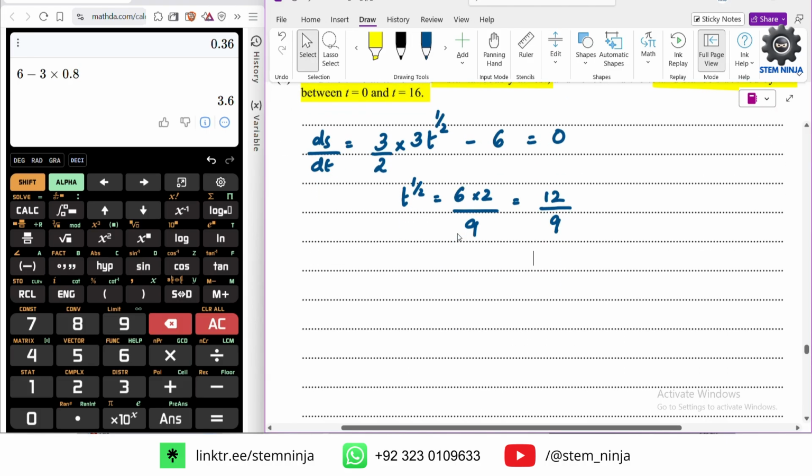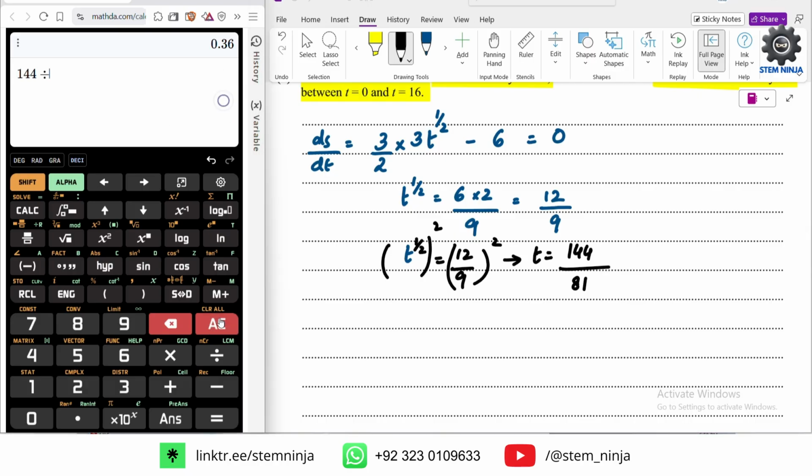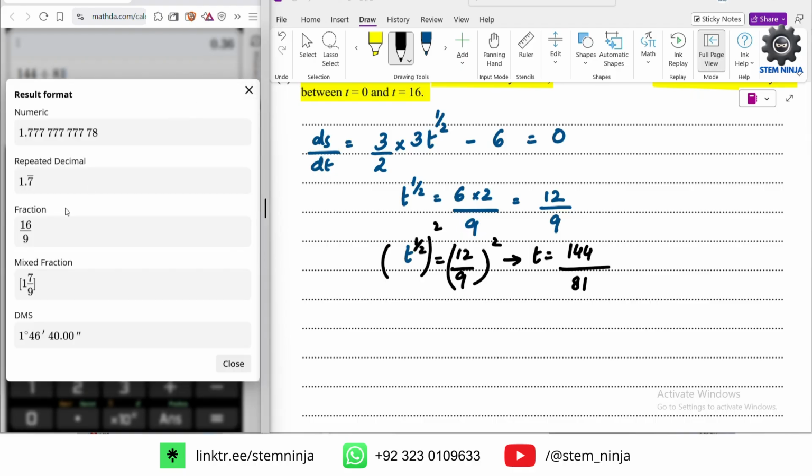Remember this is the square root, so we square both sides. So we get t is equal to 144 over 81, which is 16 over 9.